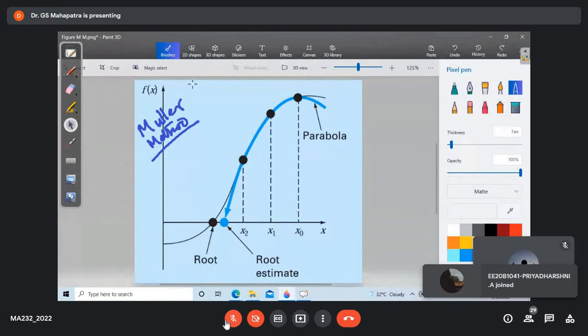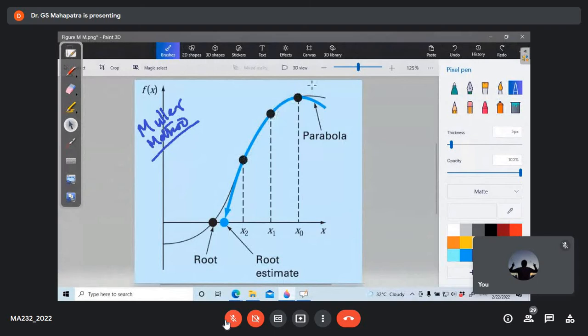If we consider only 2 points, say x0 and x2, then we just connect those 2 points, and this point will be the new point. The method name is regula falsi. So that is the 2-point formula.